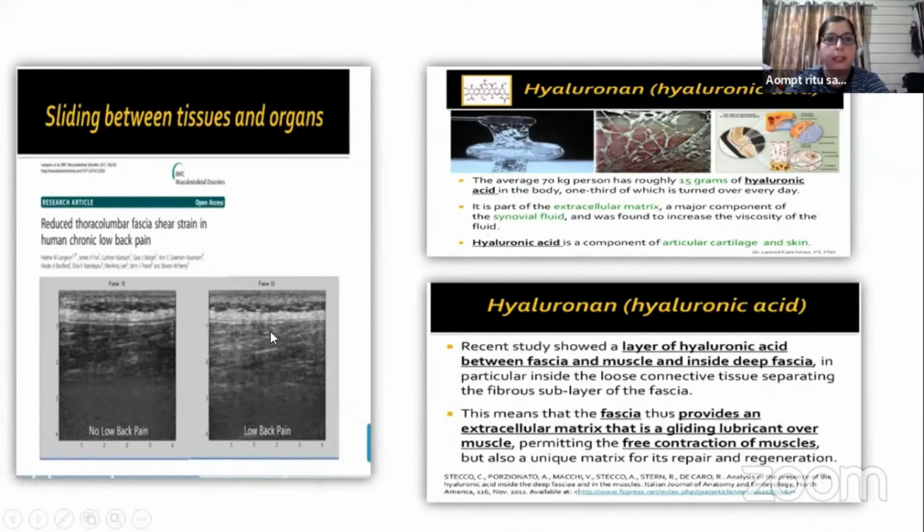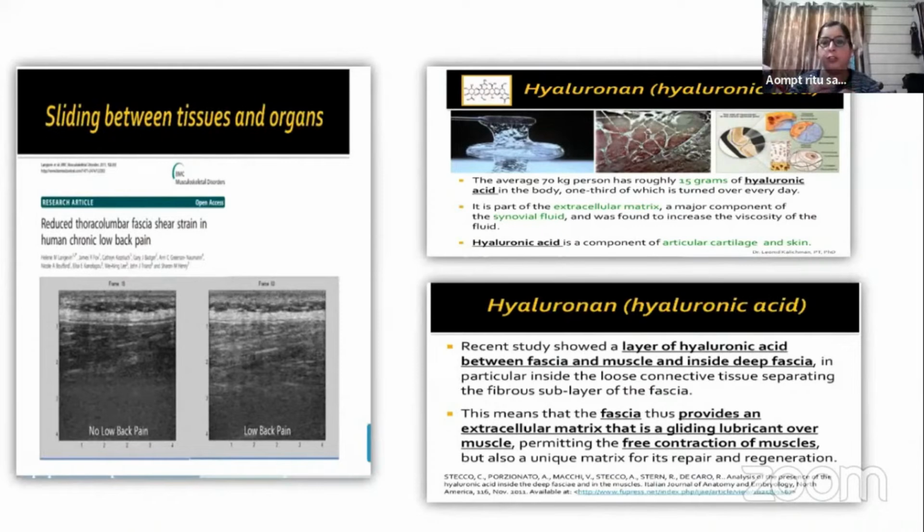Here you can see how the fascia fibers are distributed. So when the patient has a specific pain, these fibers are not working properly, because there are some fluids which give gliding to the muscles. This is known as hyaluronic acid. It provides an extracellular matrix, that is the gliding lubricant.